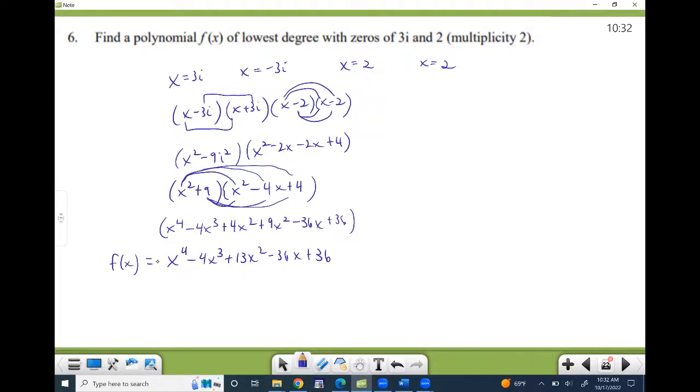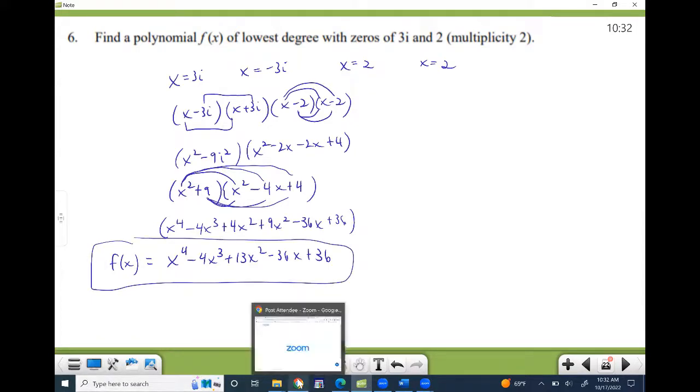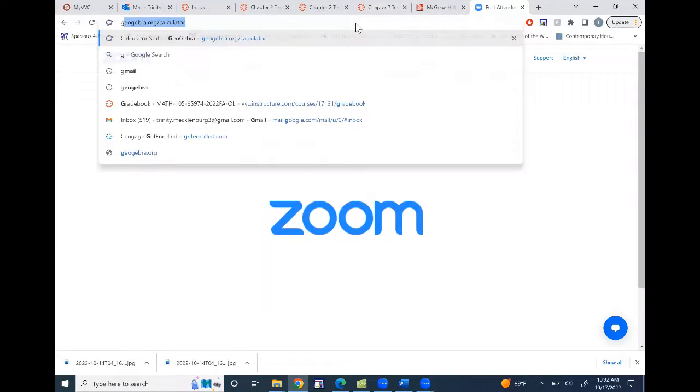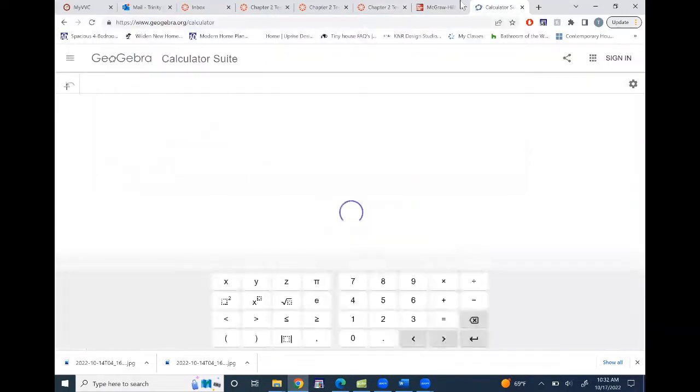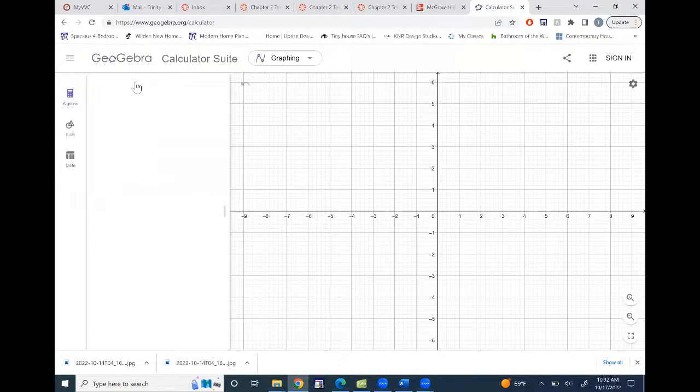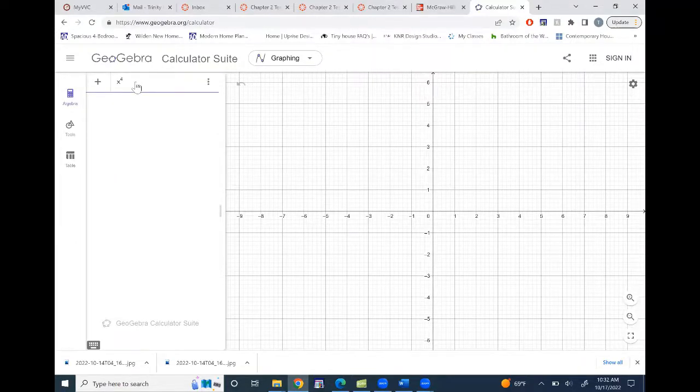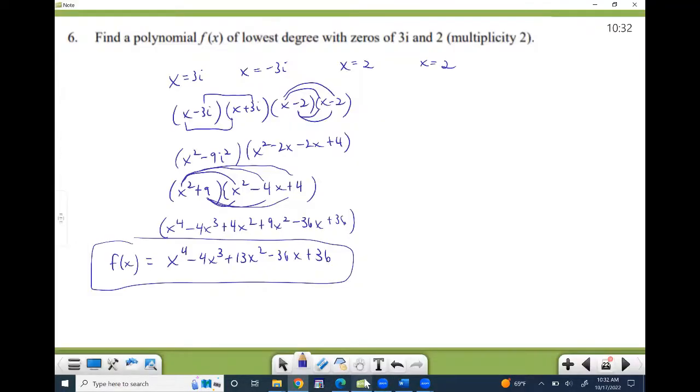Okay, so what I want to do is I want to check it, because I trust myself very little when it comes to not making a mistake. So let's go in and at least see if this hits 2 twice. Okay, so this is GeoGebra. I'm going to type in the polynomial that we just said. So I think it was x to the 4th. That's all I remember, you guys.